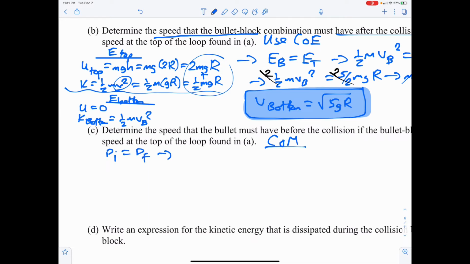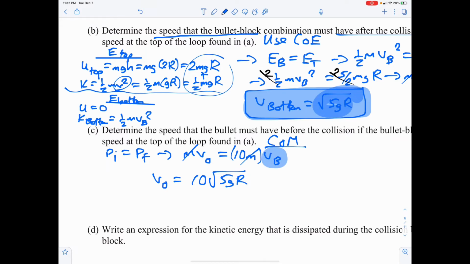Momentum initial would be just the bullet, so it would be m times v naught, equals the momentum after, which would be the total mass of 10m times v_b, what we just found right here. Okay, and so we're looking for v naught. Notice m is going to cancel again, and so v naught is going to be 10 times the square root of 5gr. All I did was substitute in your answer there.